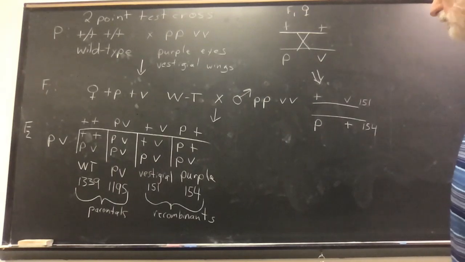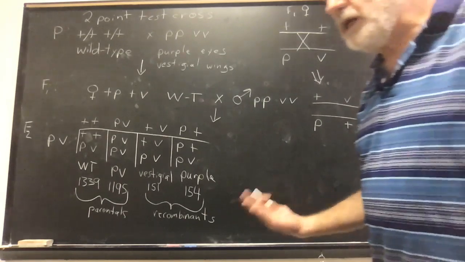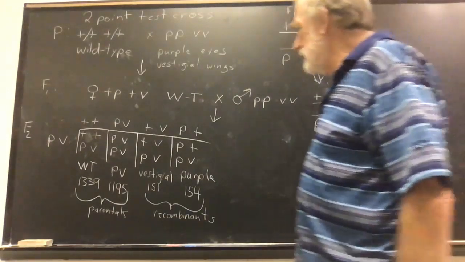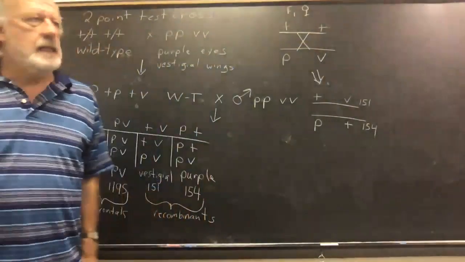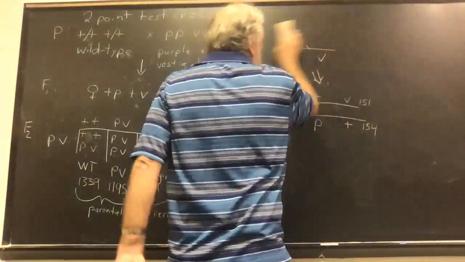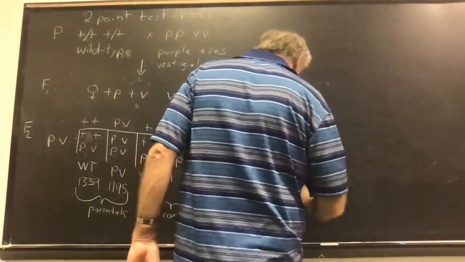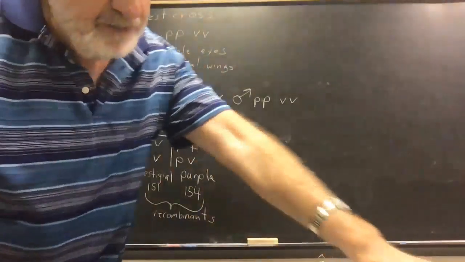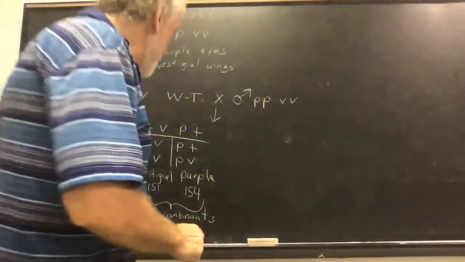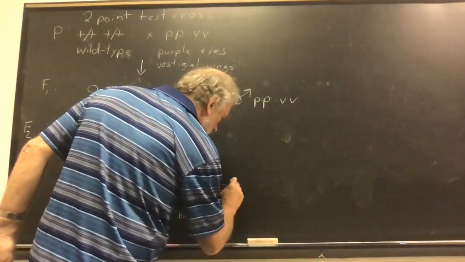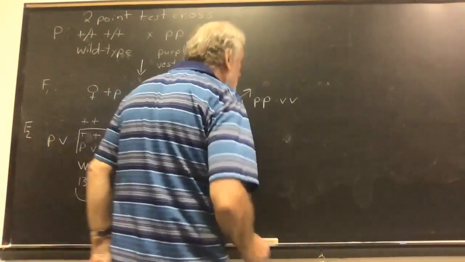Now our next step is to calculate the map distance, which is just the recombination frequency expressed as a percentage. Let's do that. I have to erase some of this stuff to make some room. If we add up all our flies, these four groups add up to 2839.